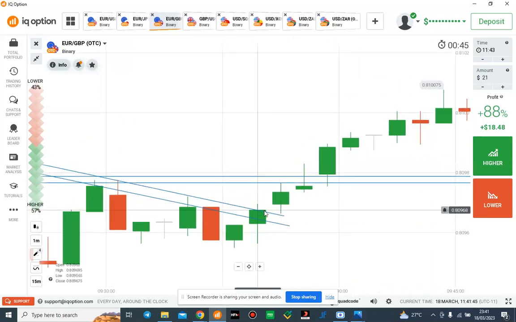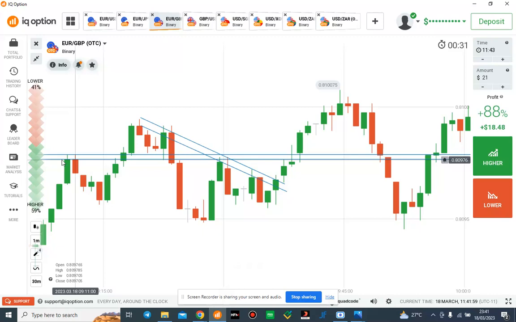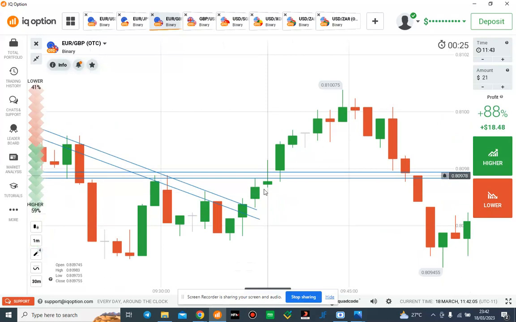Look at this gap. The candle closed there, there was a gap. That gap indicates a breakout. So that is why the buyers keep going up. But when you reach this horizontal line, it does not reverse. Even despite this candle being very weak, it still does not reverse. You can see here it was a resistance, became a support, became a resistance. But this time, we see a weak candle, but still no reverse.